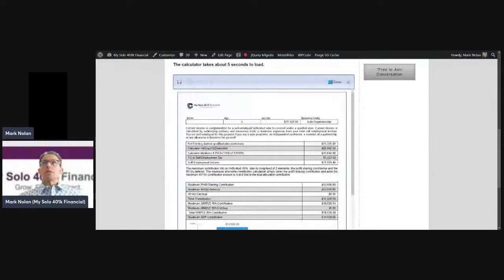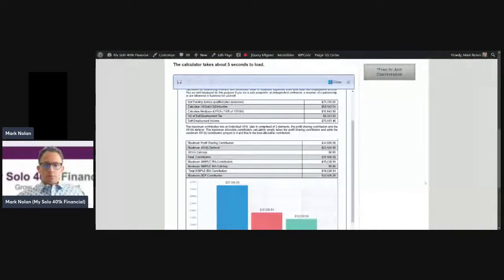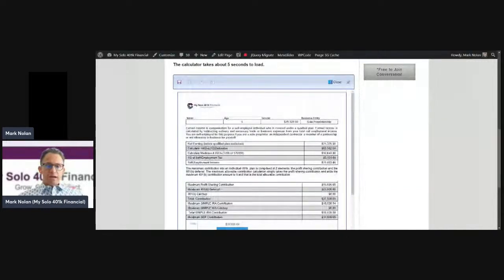Okay, so here we go. We plugged in $75,325. The calculator then reduced that $75,325 by 1/2 of self-employment income tax, which is $5,321.54.